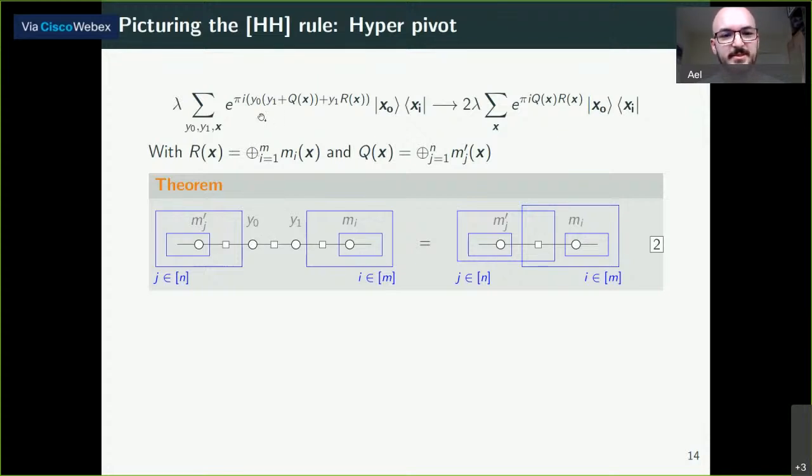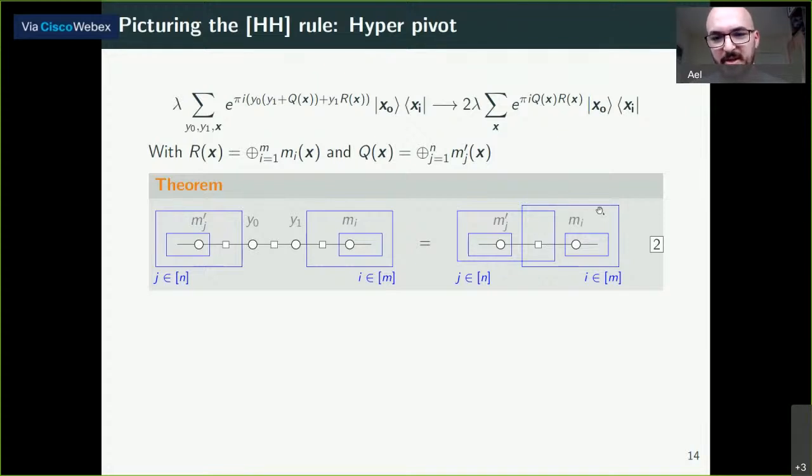Y0 is connected to the Q part of the diagram, and Y1 is connected to the R part of the diagram. And when they cancel each other, the result here is the product in the phase of Q and R. So any monomial in Q is connected to every monomial in R. So it does this diagram.